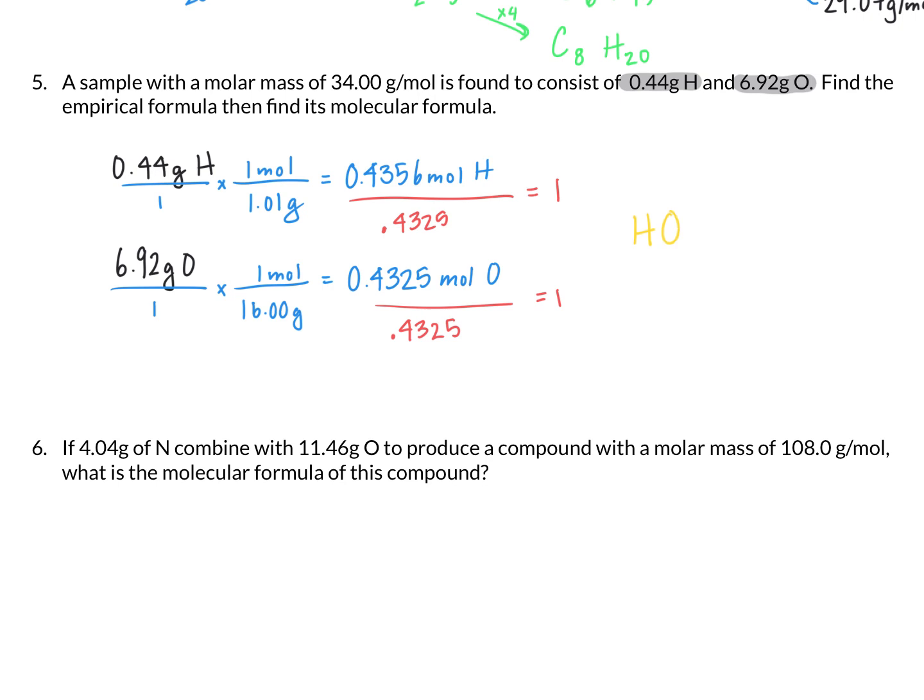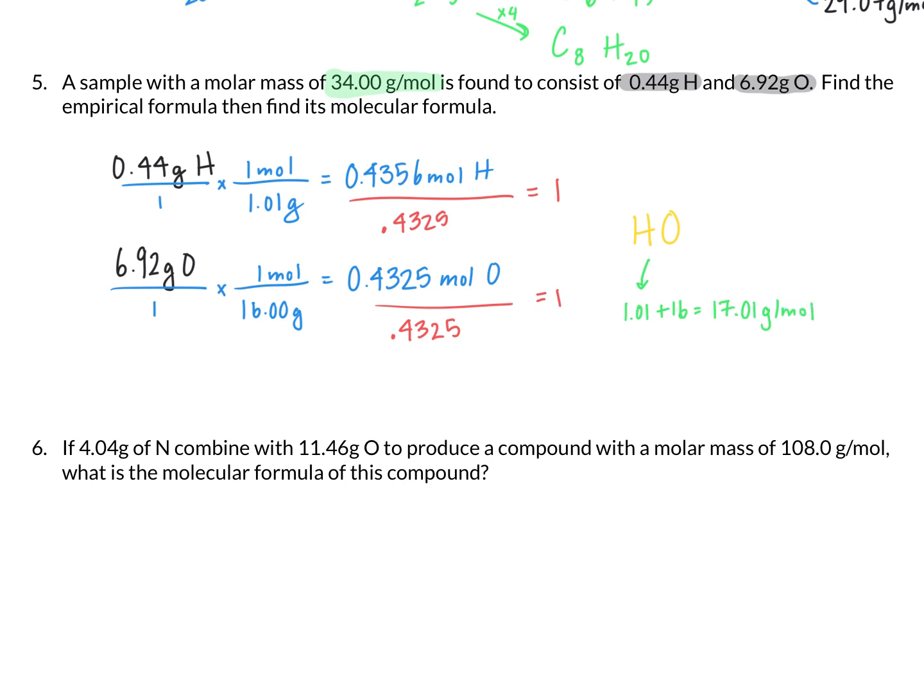Now our last piece of information is that the molecular formula has a mass of 34 grams per mole. We know this does not have that mass, right? This is just 1.01 plus 16 gives us 17.01 grams per mole.